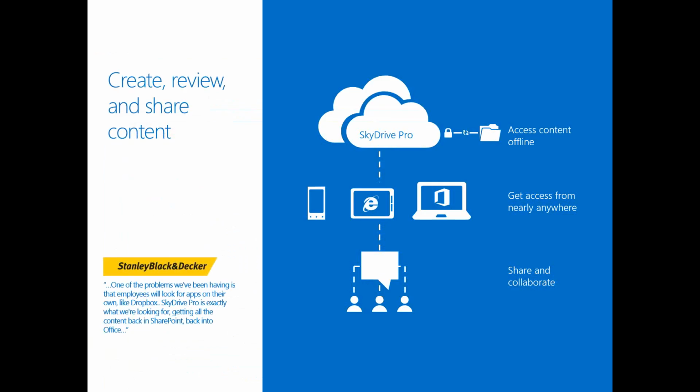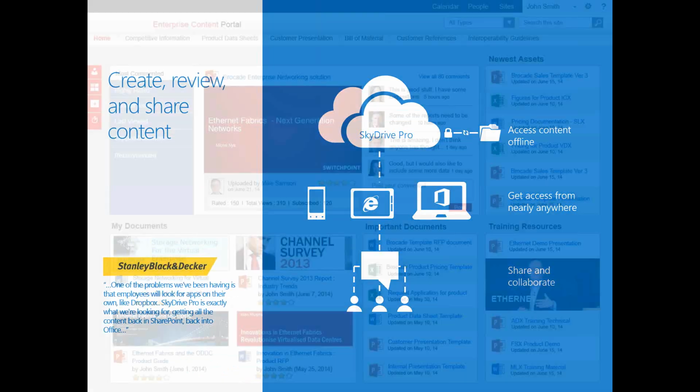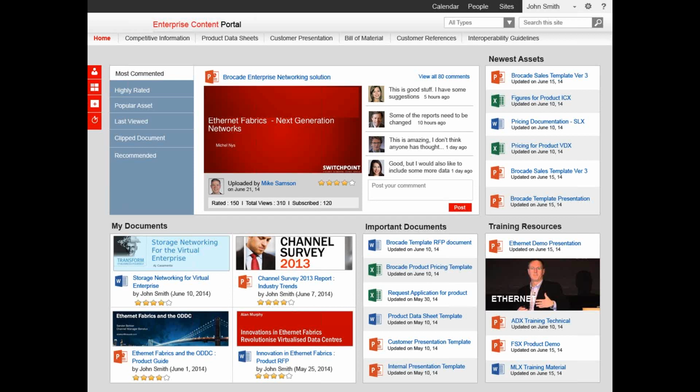I'm going to quickly go into a next example, which is our enterprise content portal, built for a company with a very different use case. This company had very heavy document usage within their organization, and this required different content from different targeted sources to be delivered to end users.